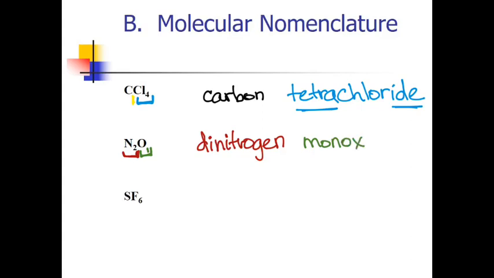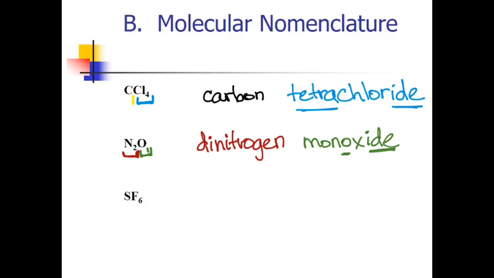So instead of monooxygen, you change the ending to ide, so it's monoxide. Notice right here, we didn't write monooxide, so there's not 2 O's together. Really common, if your element starts with a vowel, then you drop the vowel that is at the end of the prefix. So oxygen is going to be your most common one.